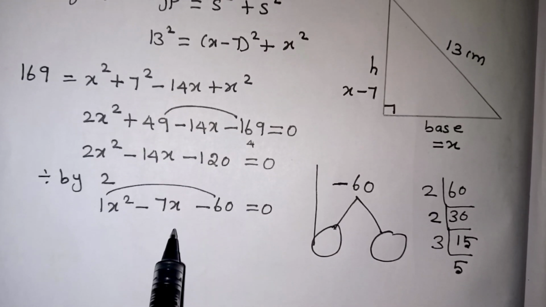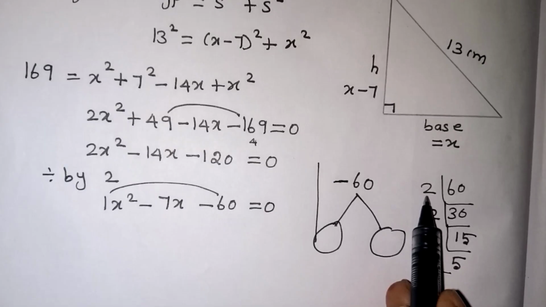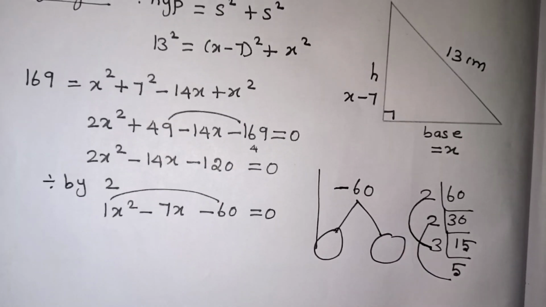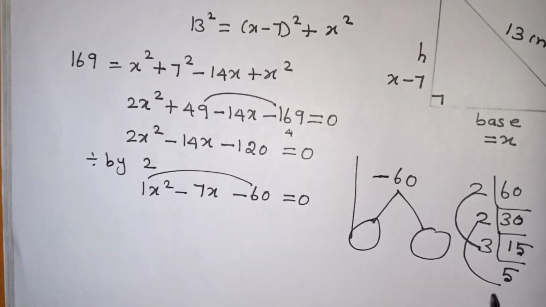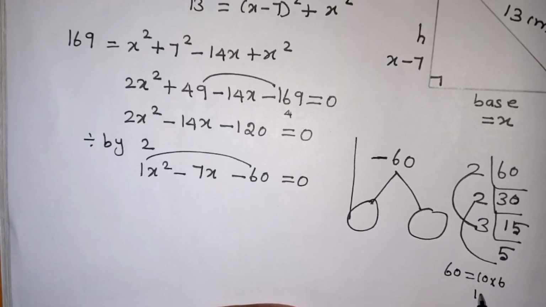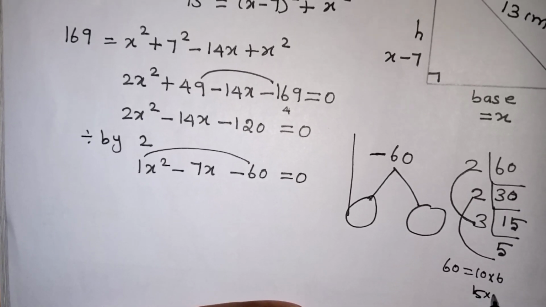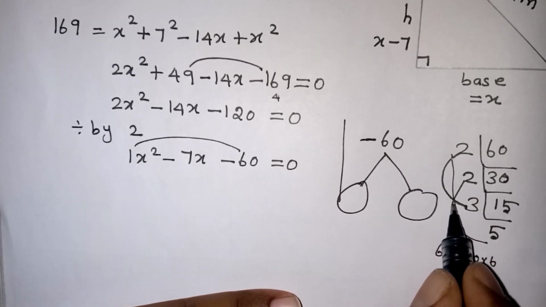So we need to find it by checking. 60 can be written as 10 6s, or 15 4s, or 12 into 5.